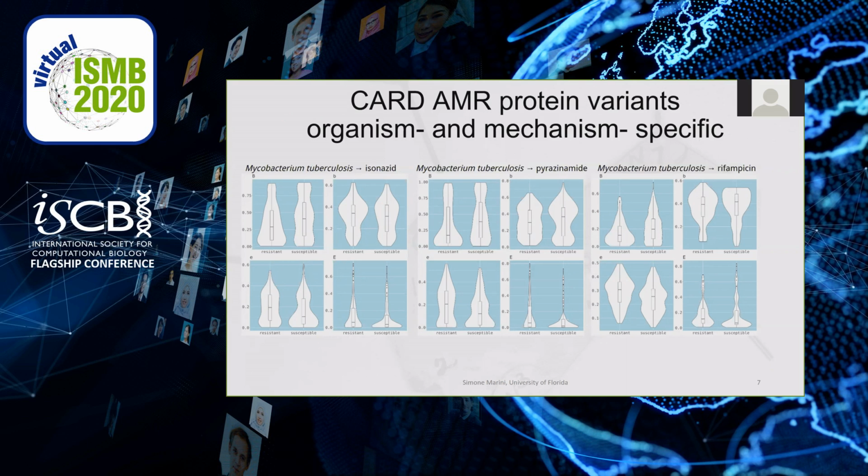So we selected all the possible subsets made of specific organism and AMR mechanism combinations, and we retained only the ones that had at least 30 pairs of susceptible and resistant variants. And we found 6 of them.